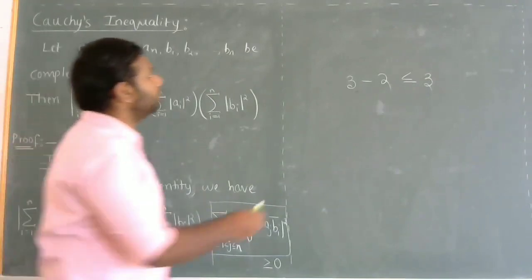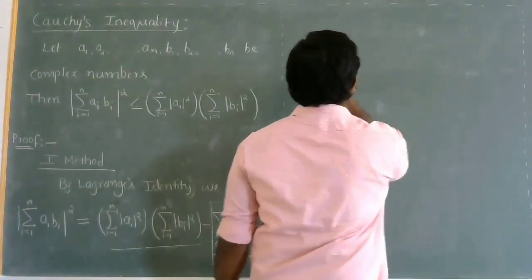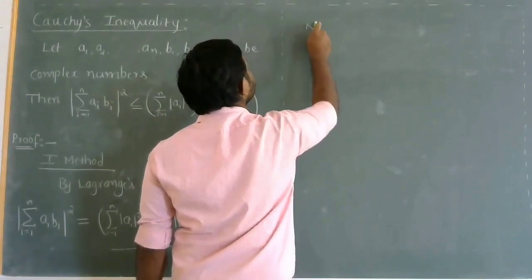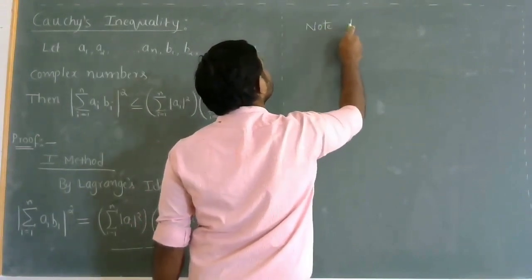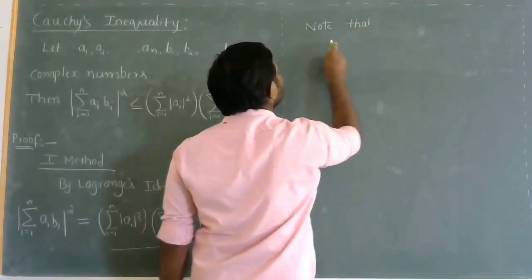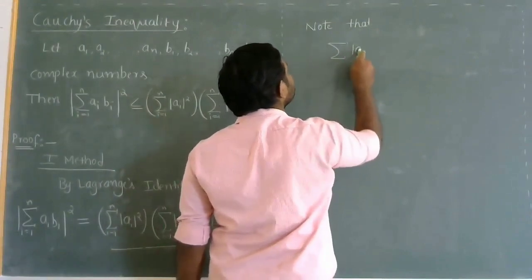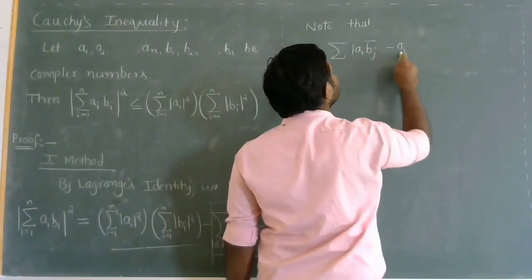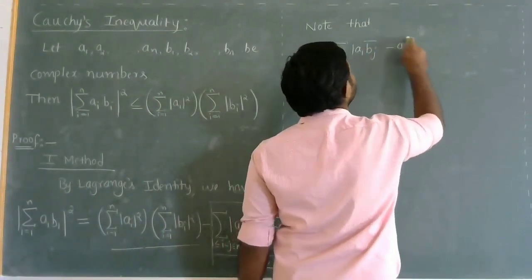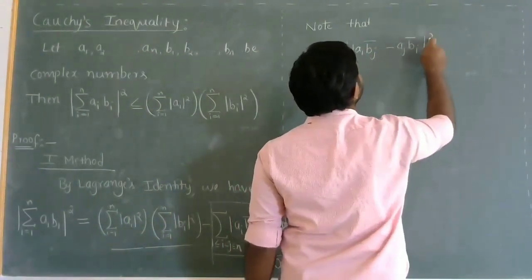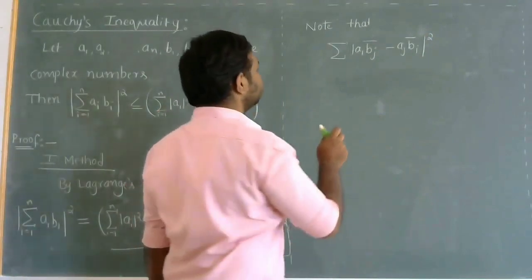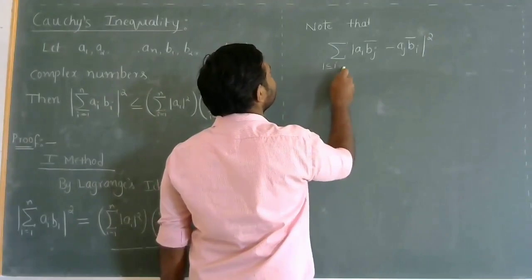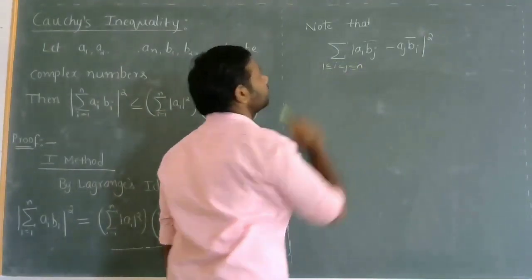So this step will be, note that summation modulus of ai bj bar minus aj bi bar whole square, 1 less than or equal to i, less than j, less than or equal to n.